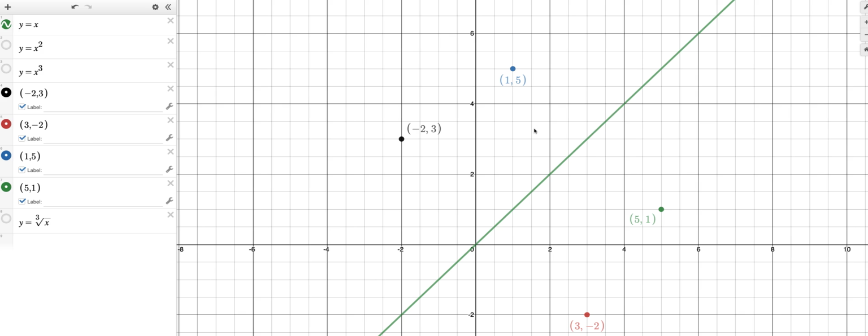So let's say I had this as a function here. Let's say I had these two ordered pairs up at the top, negative 2, 3 and 1, 5, as ordered pairs in my function. That would pass the vertical and horizontal line tests, wouldn't it? Every vertical line intersects the graph at most one point, and so does every horizontal line.